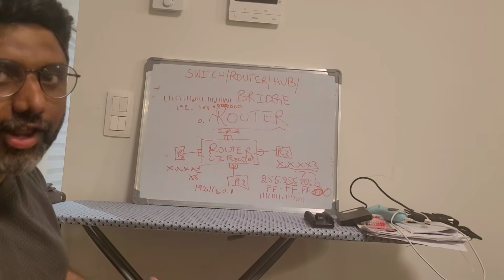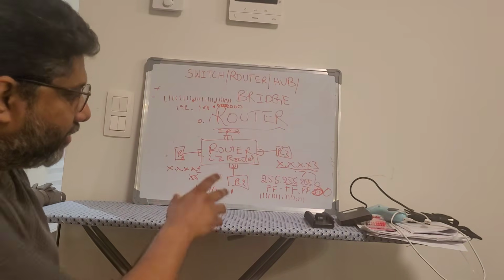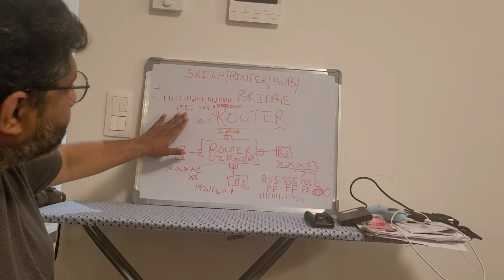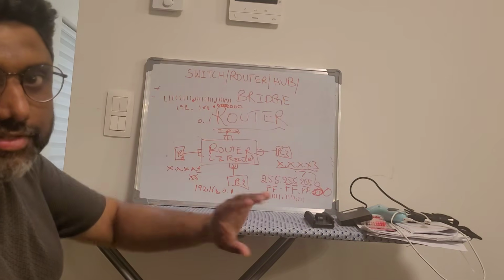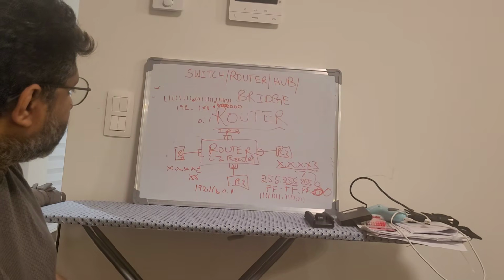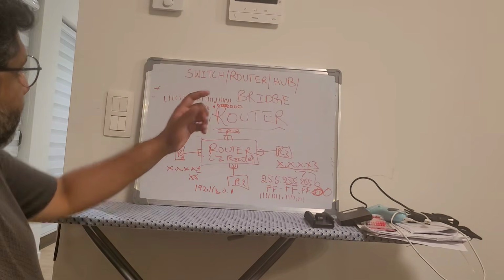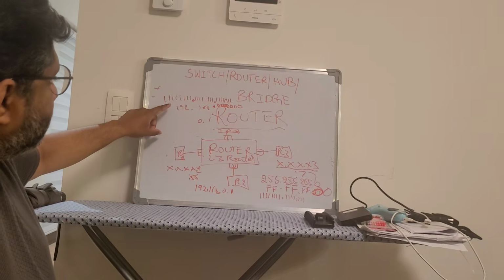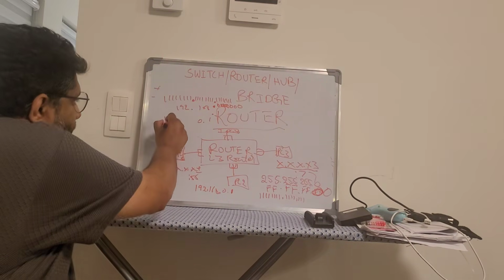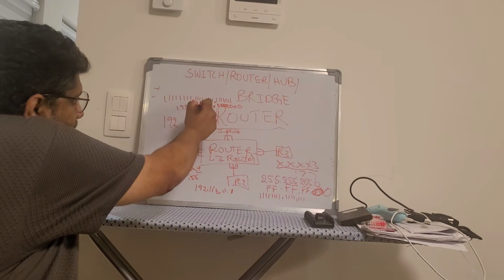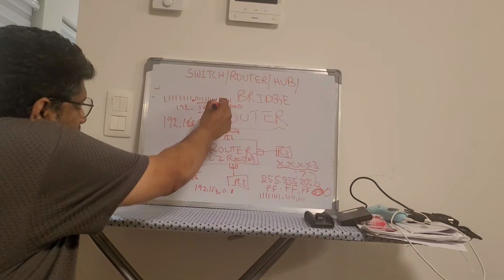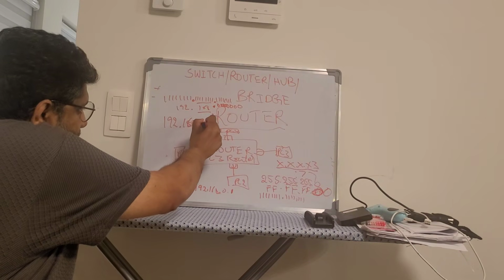We would need a calculator to convert it, but I don't have one handy. So when you AND it, all ones with 192 will become 192 only. All ones with 168 map to 168 only. All ones with 0 map to 0 only.